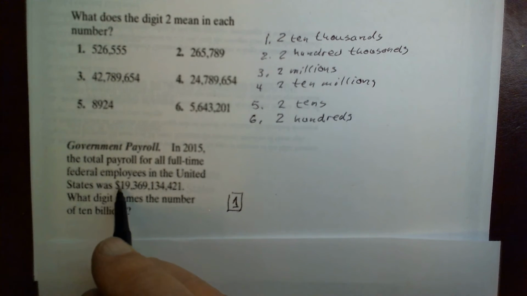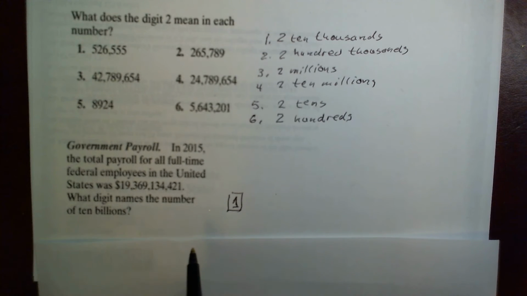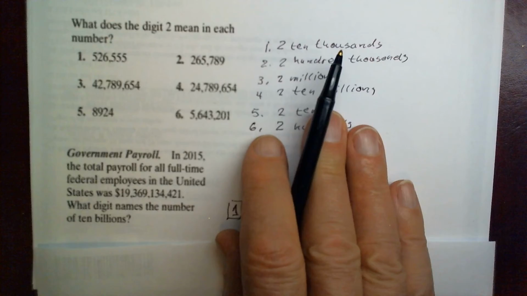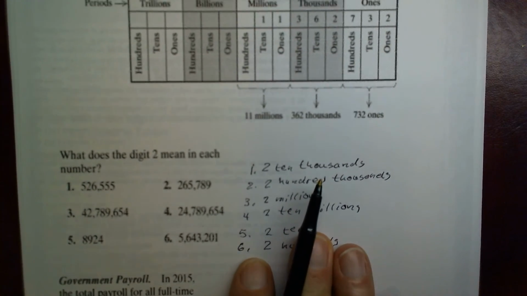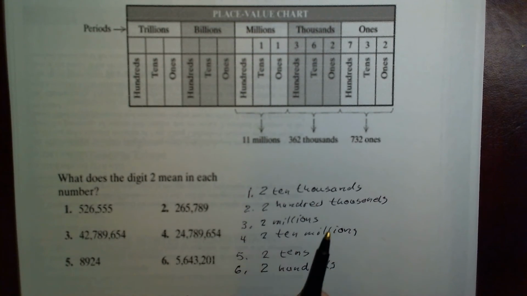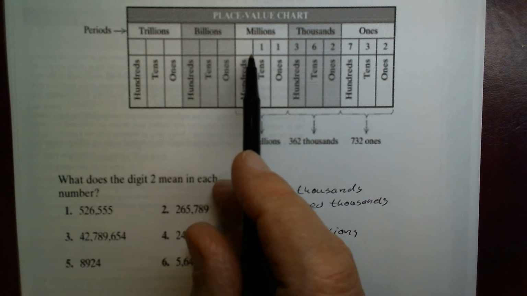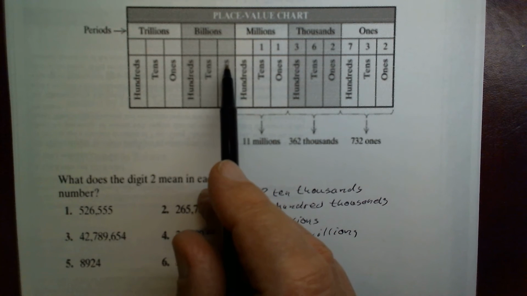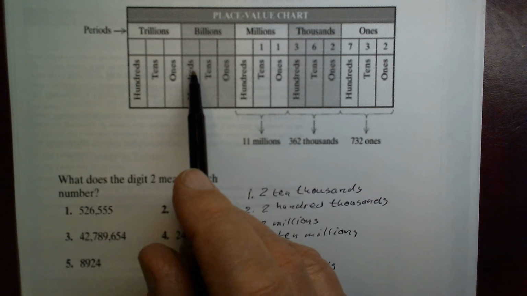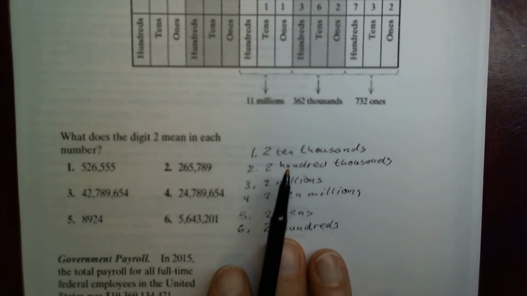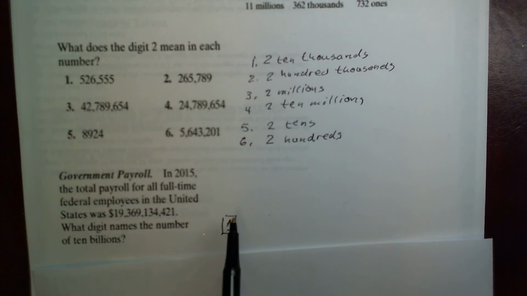This one here names the 10 billions. Again, you can look at the chart for the different periods, and then you find that the billions follow the millions, and the ones and the tens and the hundreds. And since we are at 19, it would be the tens. 10 billions would be the 1.